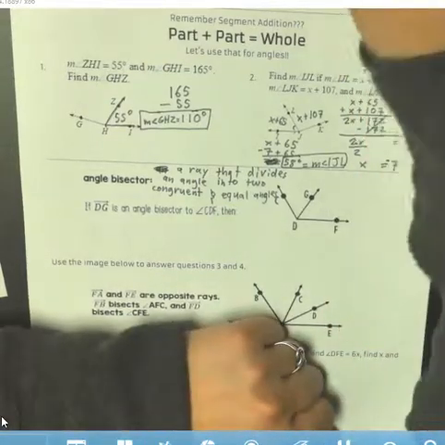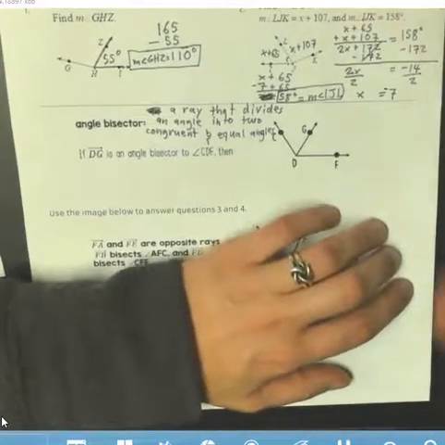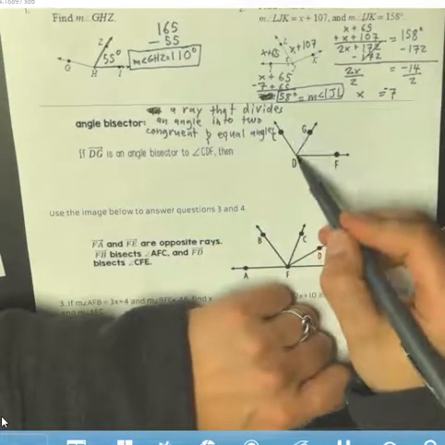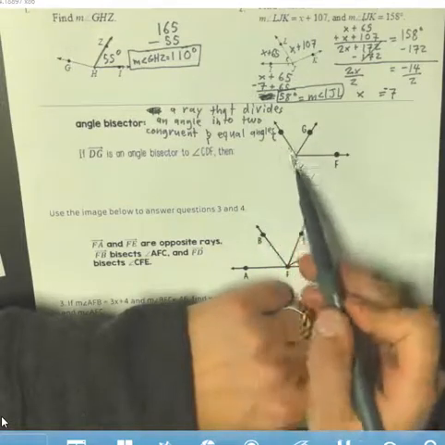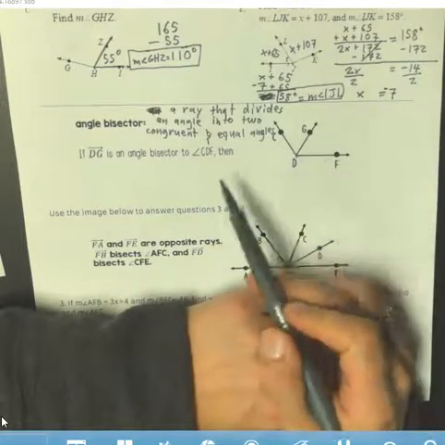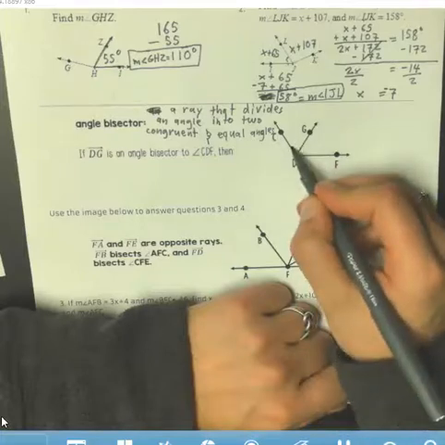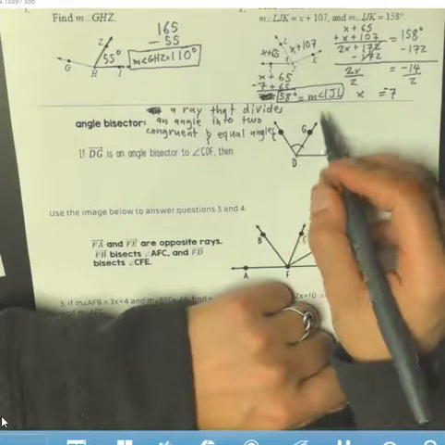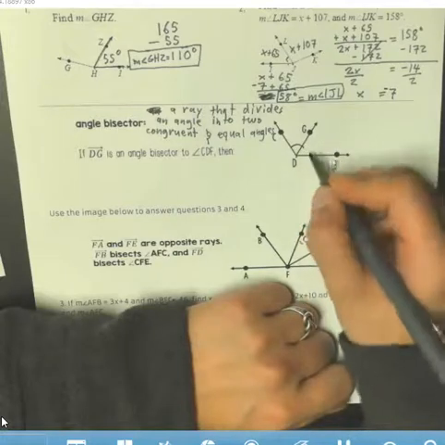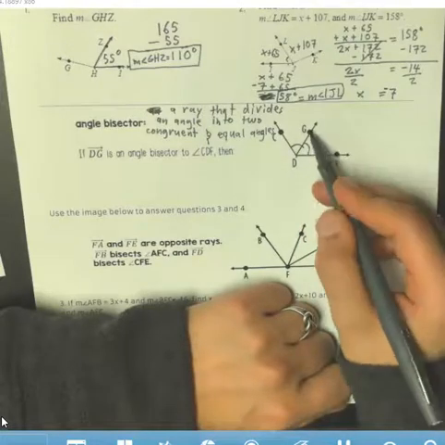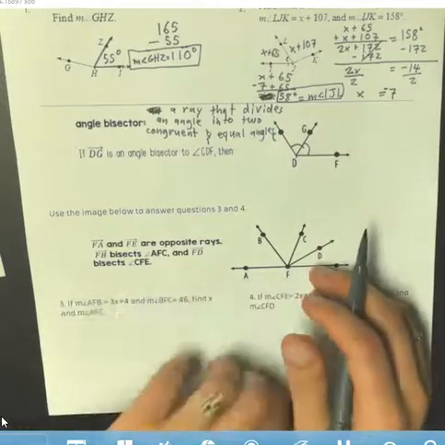Okay, so this ray DG is a bisector of angle CDF. That means that this angle right here, angle CDG, is the same measure as angle GDF.